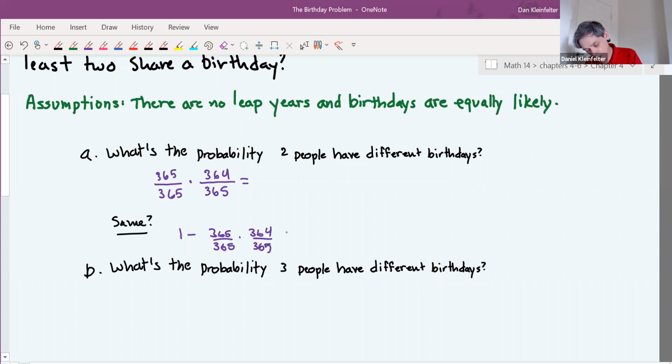Okay, so let's go ahead and calculate. It's about 0.997, and then the complement is about 0.003. So about a 1/3% chance that two people would have the same birthday.